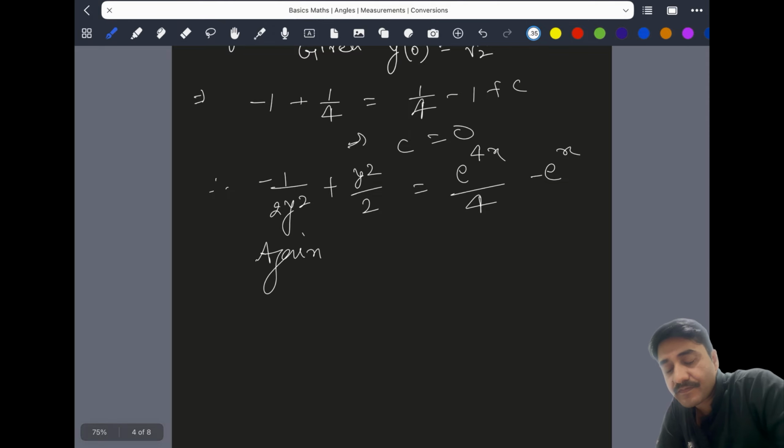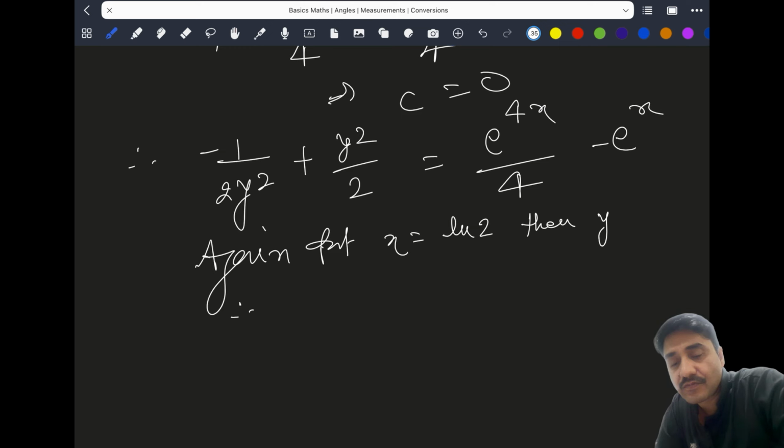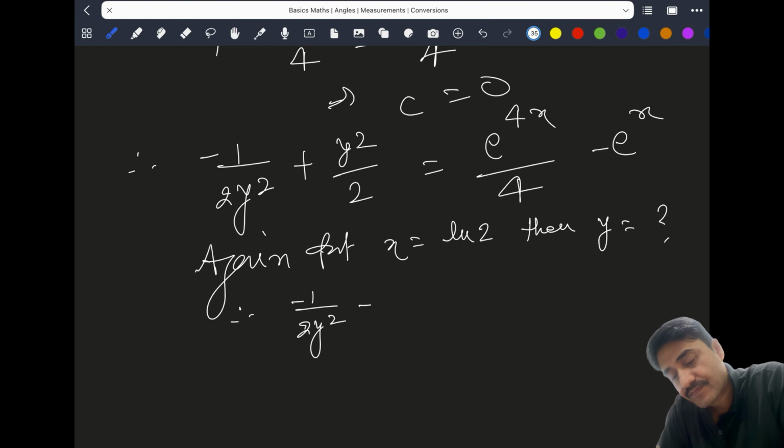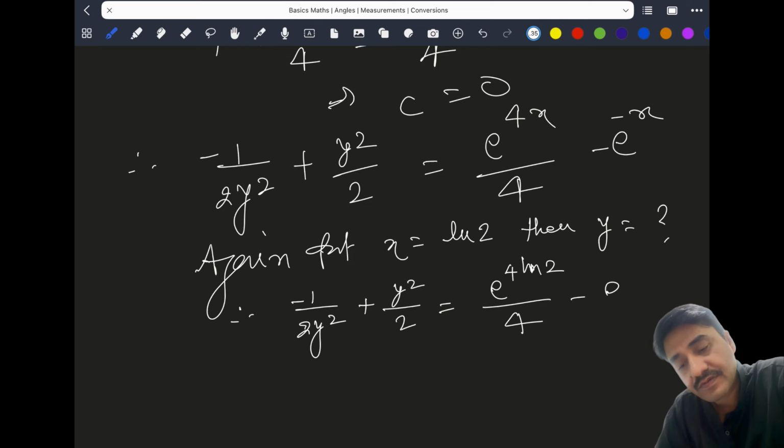Again put x is equal to ln 2. Then y is 1 by root 2... So minus 1 by 2y square plus y square by 2 is equal to e raised to 4 ln 2 by 4 minus e raised to minus ln 2.